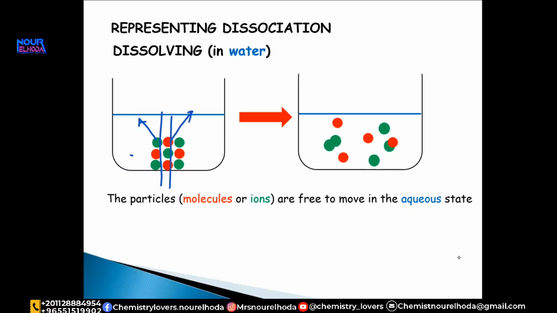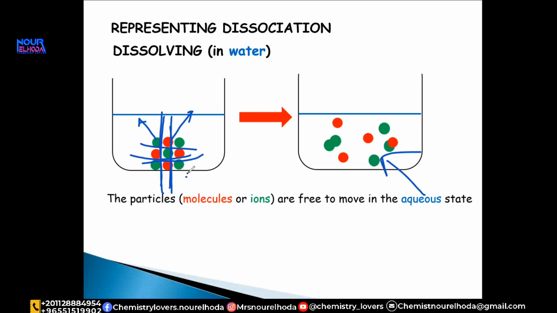For them to move freely, you need to break this lattice. That's why here I added water. When I added water, the water broke this lattice so the ions are moving freely, like Na and Cl as an example. This means in this case it's going to conduct electricity. You got my point? Okay?